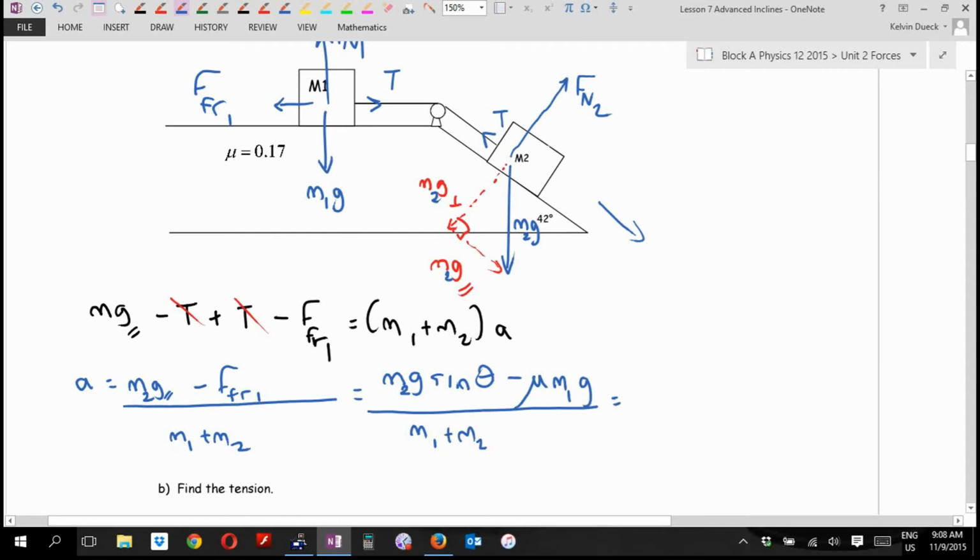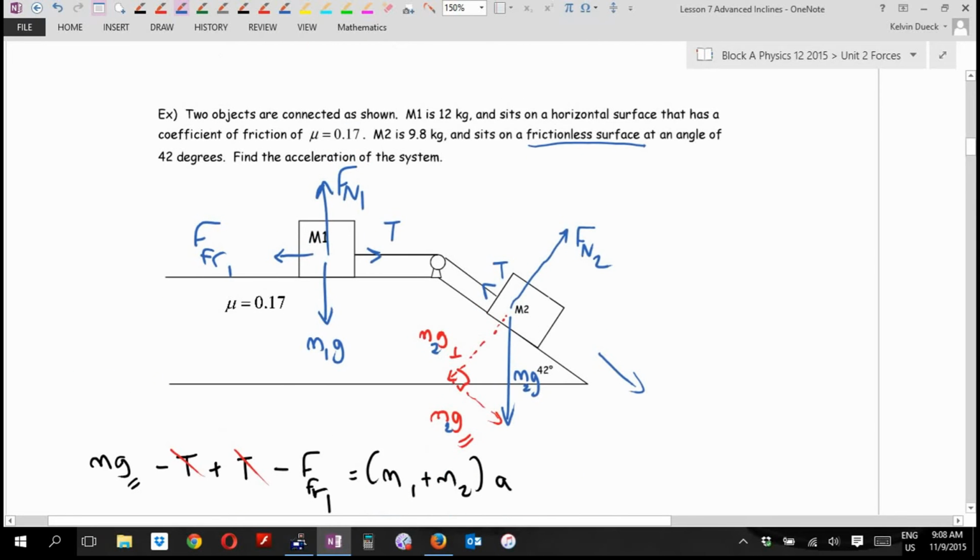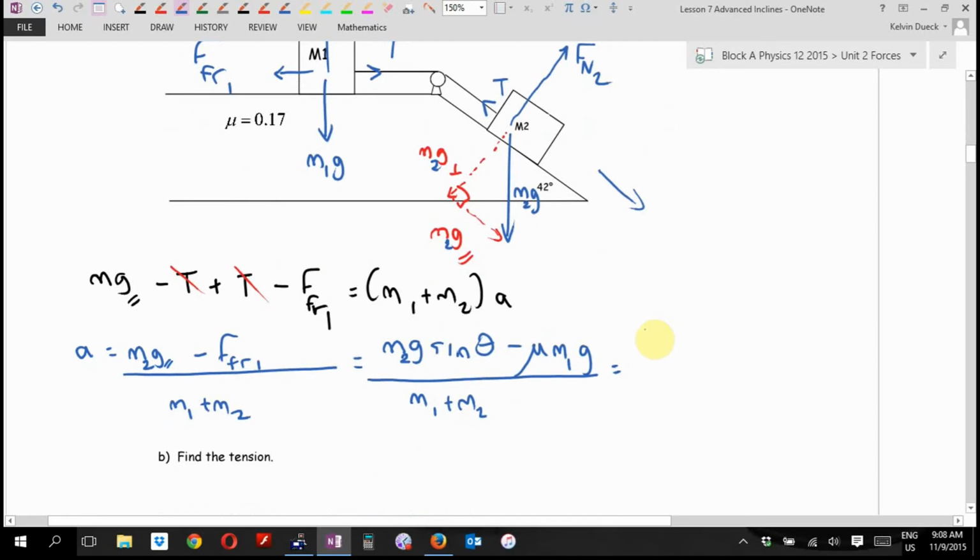Let's plug in numbers. What did I say? Mass 2, 9.8 and 12. Okay. 9.8 times 9.8 sine. Okay, I'm not going to fit this in, Mr. Dewitt. Let's try this again.